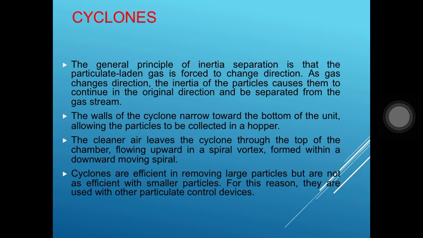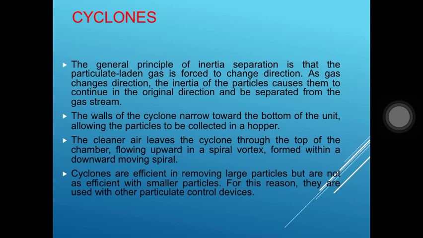Next is cyclone separators. The general principle of inertia separation is that the particulate laden gas is forced to change direction. As gas changes direction, the inertia of the particles causes them to continue in the original direction and be separated from the gas stream. The walls of the cyclone narrow towards the bottom of the unit, allowing the particles to be collected in a hopper.